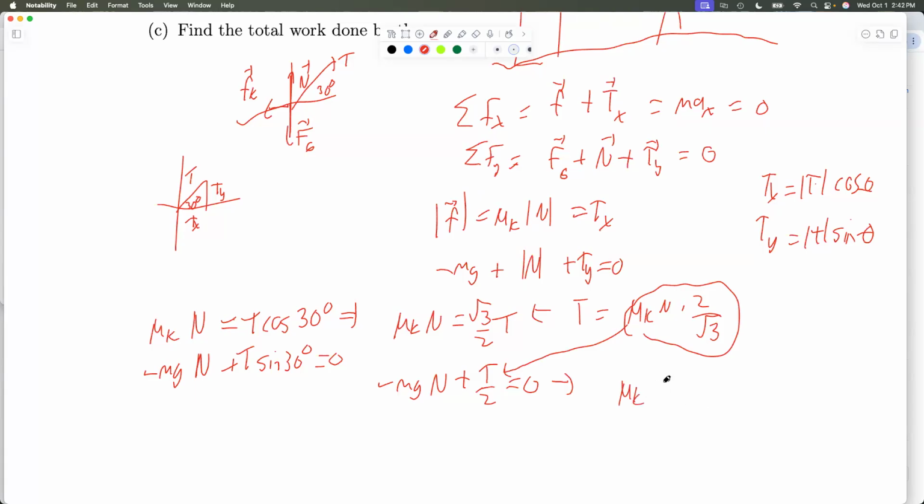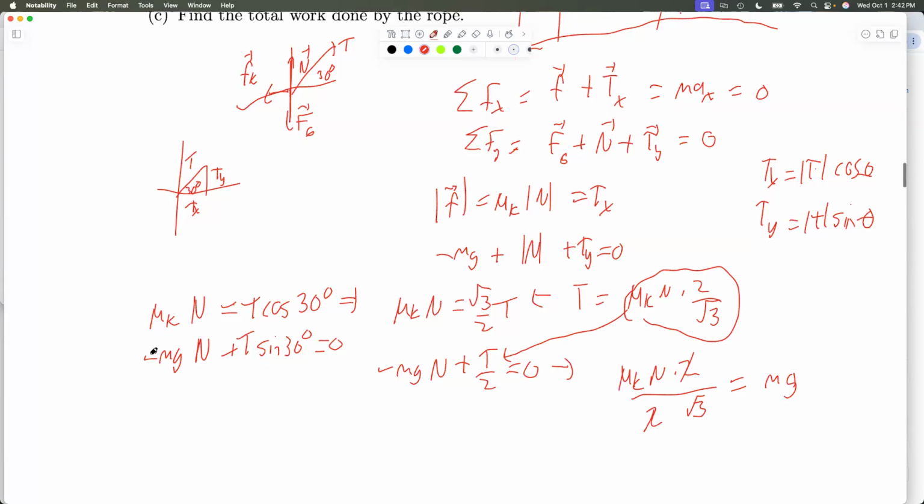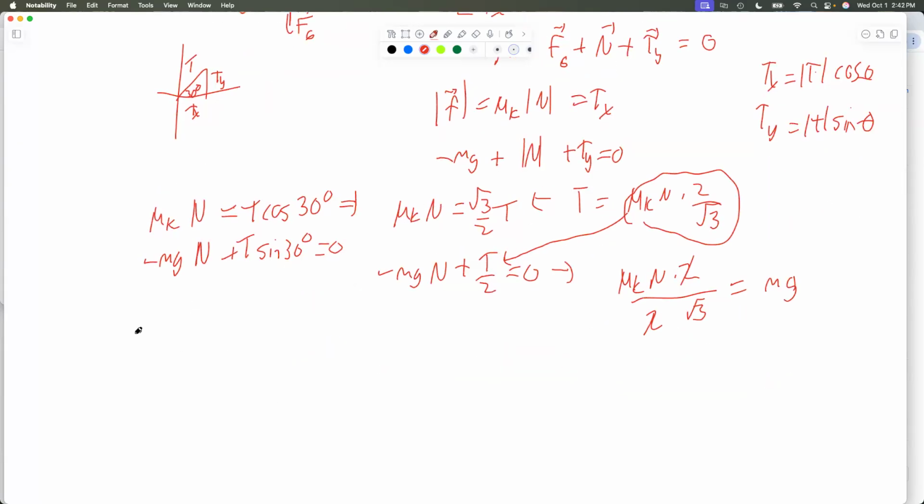So mu k N times 2 over root 3 over 2, so those 2's are going to cancel, will equal mg. So that says to me mu k N over root 3 equals mg. So N will be mg over, I guess we'll get the root 3 on top, huh? Root 3 mg over mu k.